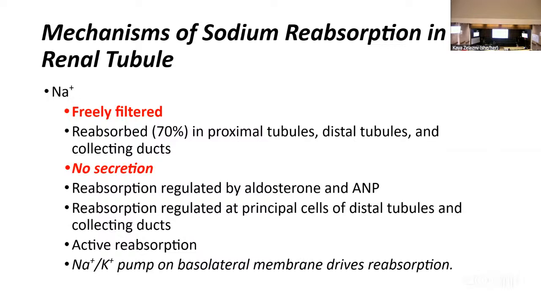So about 70% of your sodium is usually reabsorbed into the blood, kind of combined between these three locations. So 30% of it is kind of staying in the urine. Okay. So the main hormone that's going to be involved here is aldosterone. There's another hormone called atrial natriuretic peptide, ANP, that comes from your heart.